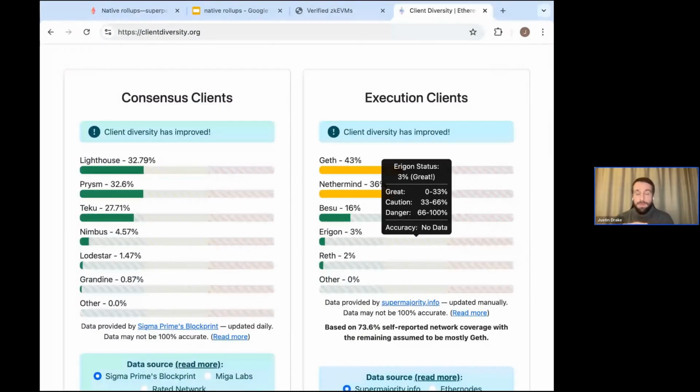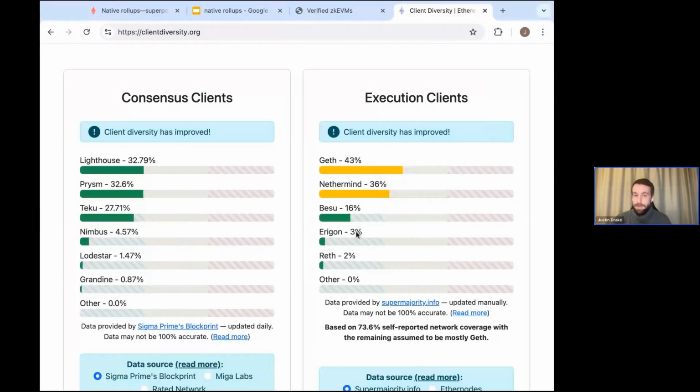And so you'd think that as an execution proposer that needs to generate these proofs, I'm not going to bother generating proofs for Erigon because it's only going to give me 3% of attestations, and I don't need that last few percentage of attesters in order to get my slot on chain. So it might be sufficient to only generate Geth and Nethermind proofs, and then I'm kind of done.